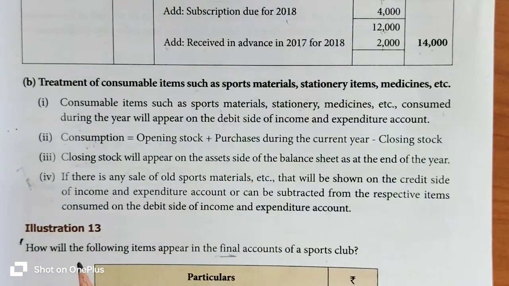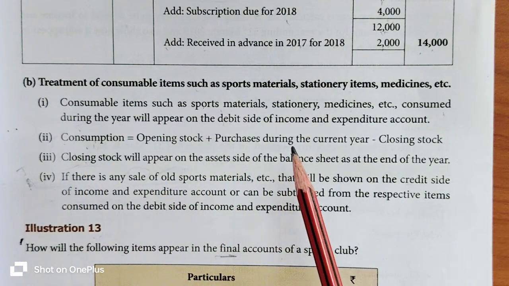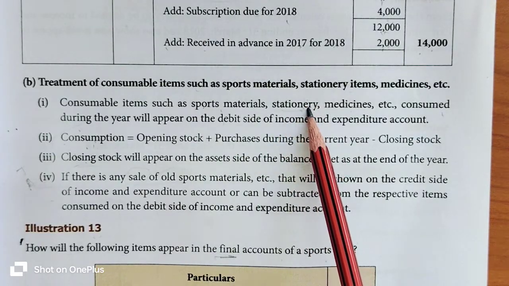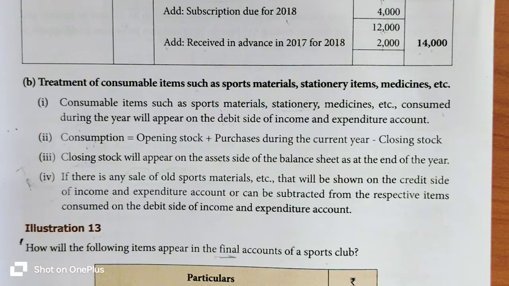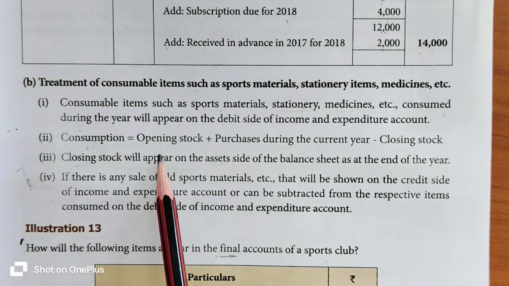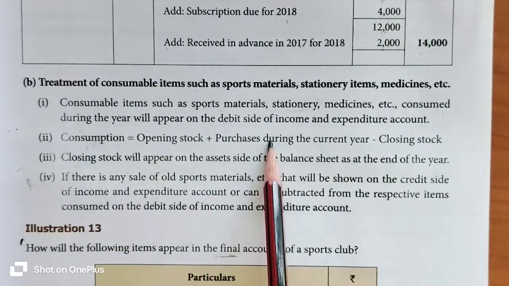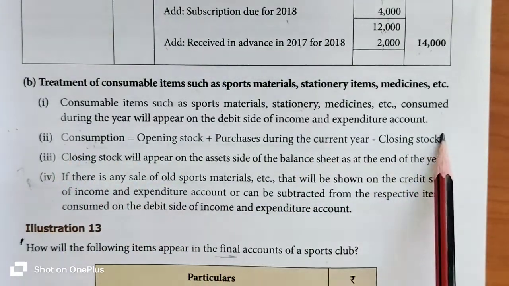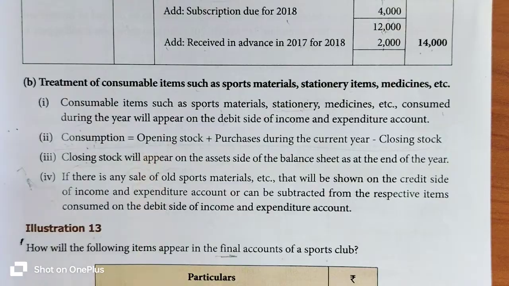According to illustration 18, they have given a stationery-related item, so we write to stationery consumed: opening stock plus purchases during the current year minus closing stock. This is the format on the debit side.